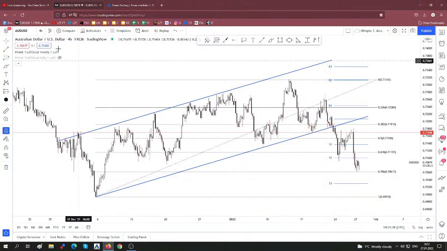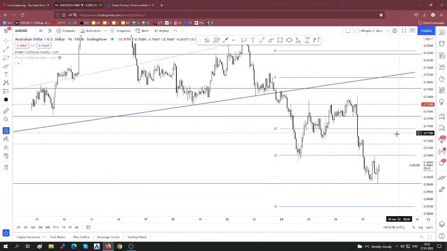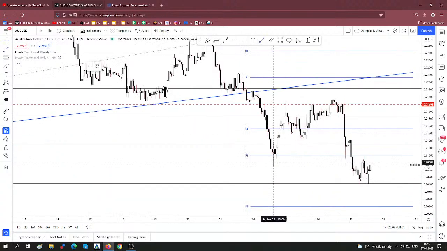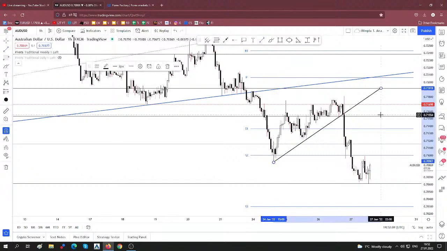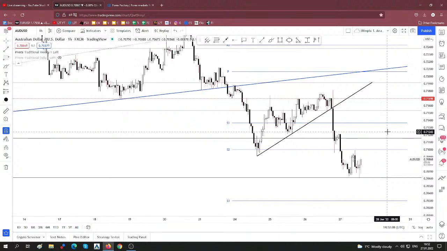Australian dollar, US dollar, guys. Very important. If you remember, I've talked about this up channel. Aggressive breakdown through the uptrend line, a temporary rebound here, and maybe here we had something, but unfortunately we didn't know what would really happen around the FOMC, the Federal Reserve, and how this market would react.